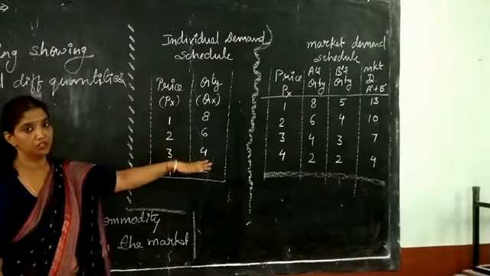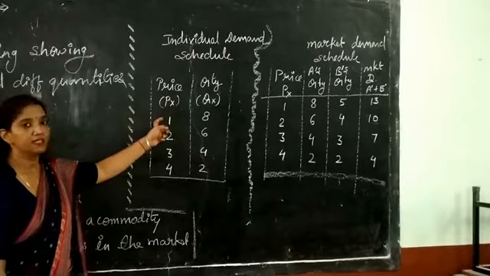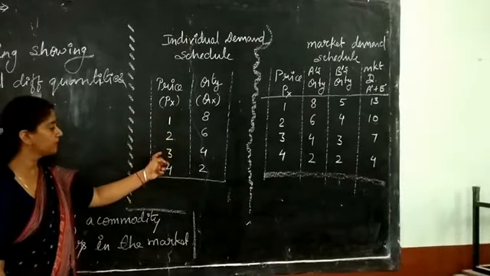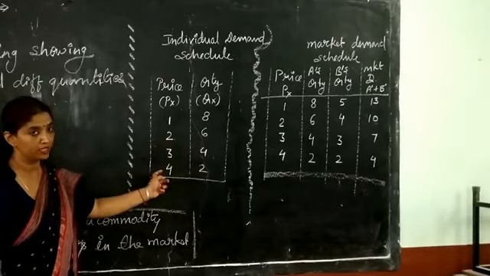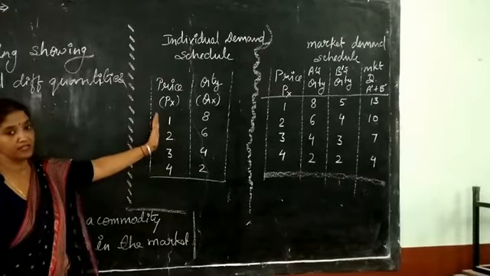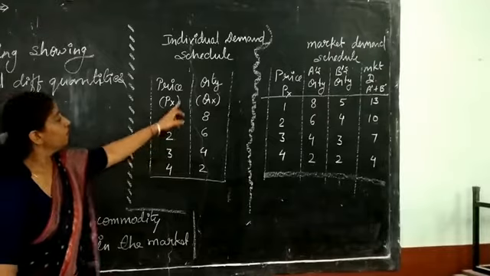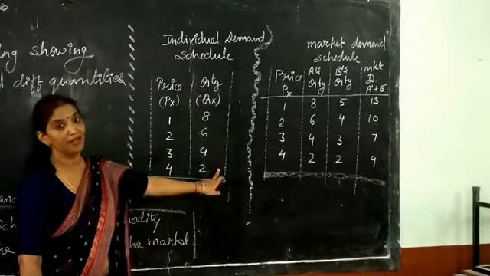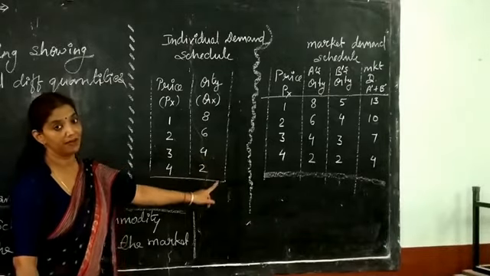Price can change: rupees 1 per unit, rupees 2 per unit, rupees 3 per unit, and rupees 4 per unit. At these different prices, what quantities are to be purchased by an individual buyer?